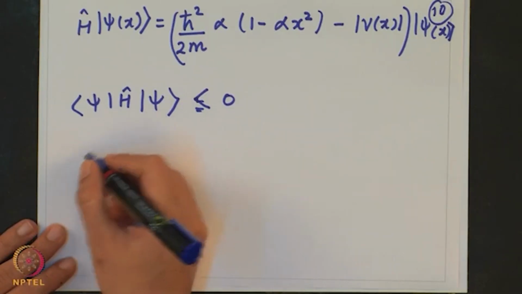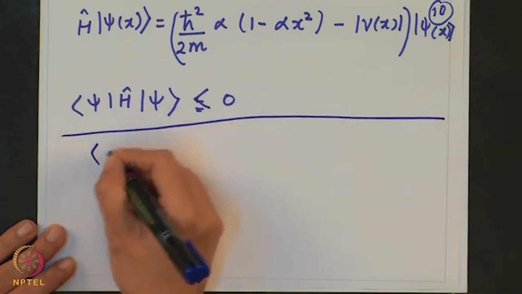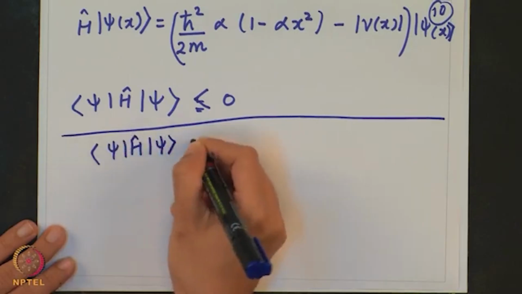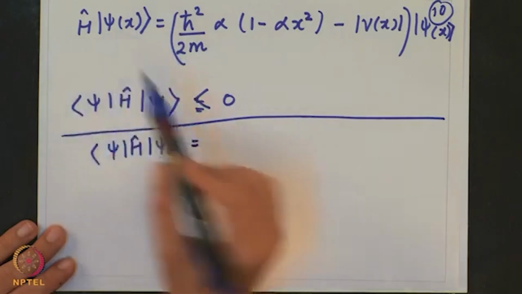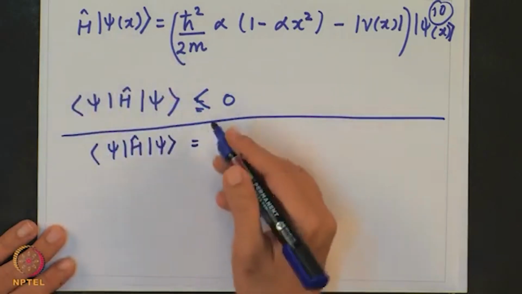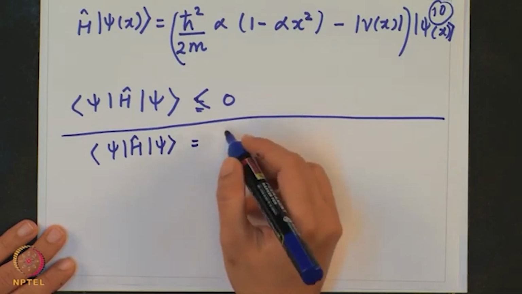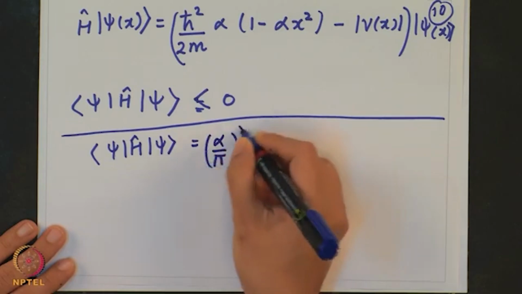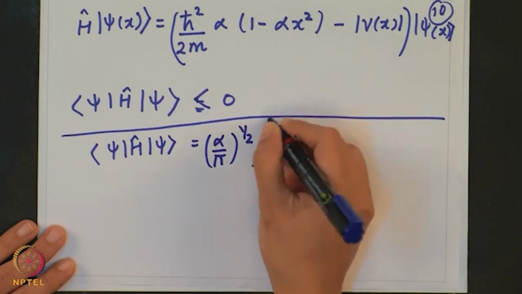So, what I have to actually calculate is this. Again, you apply the wave function. Let me write one more step for you so that you know how to proceed.